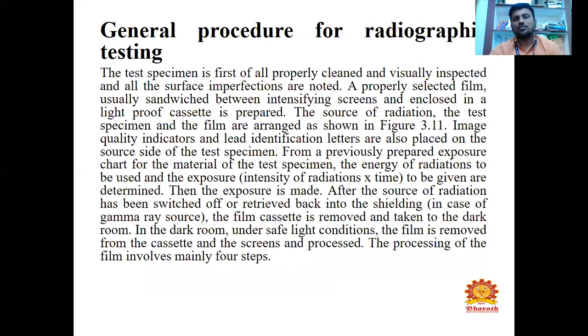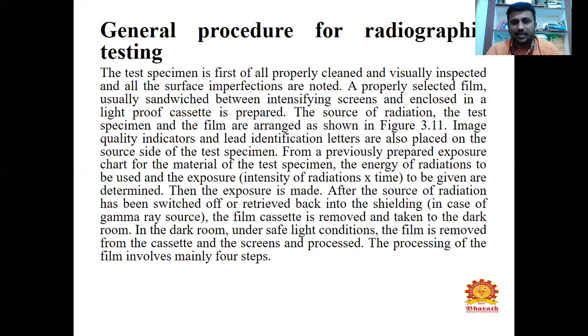The general procedure for radiographic testing: the test specimen is first of all properly cleaned and visually inspected, and all the surface imperfections are noted. The properly selected film, usually sandwiched between intensifying screens and enclosed in a light-proof cassette, is prepared.